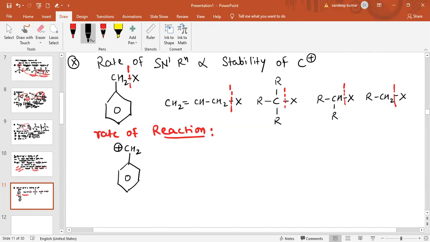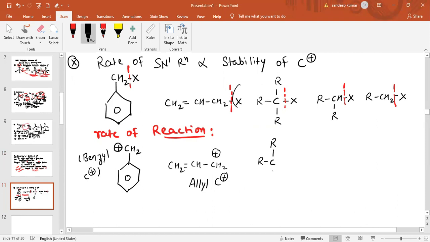This is the benzyl carbocation. When this leaving group removes, it forms CH2=CH-CH2 positive. This is the allyl carbocation. Now, when this halogen removes, this is the 3-degree carbocation.